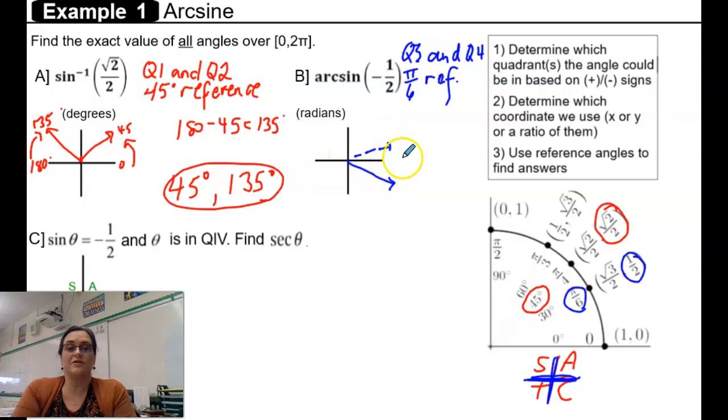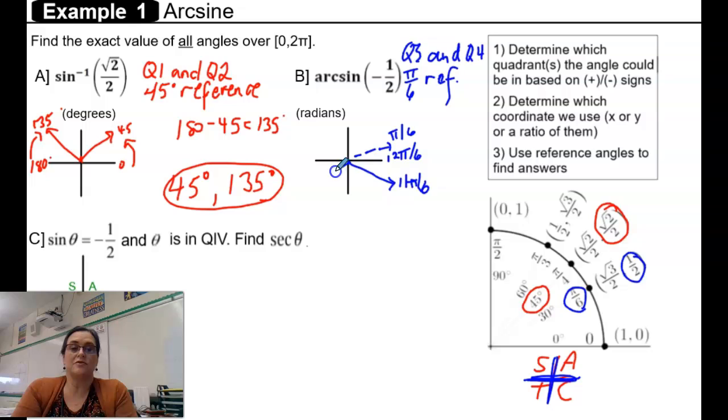One full rotation around the circle with a denominator of 6 would be 12 pi over 6 for a full revolution. So subtracting my reference angle of pi over 6 would give me 11 pi over 6. And that would be my first solution.